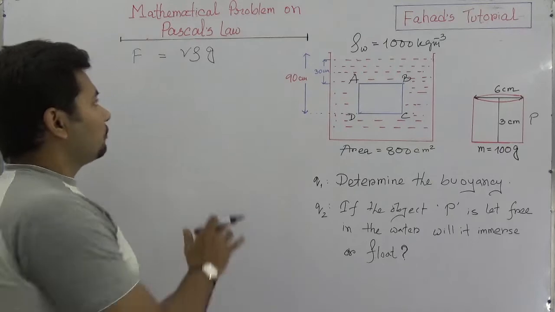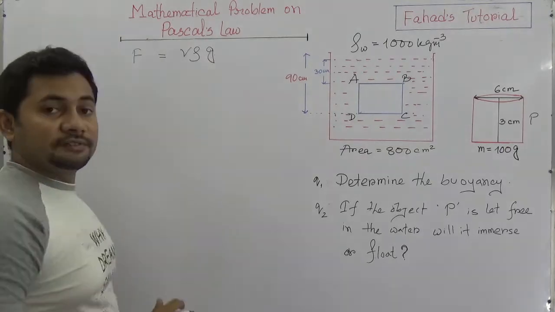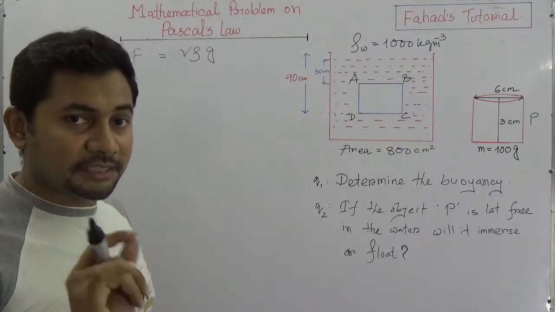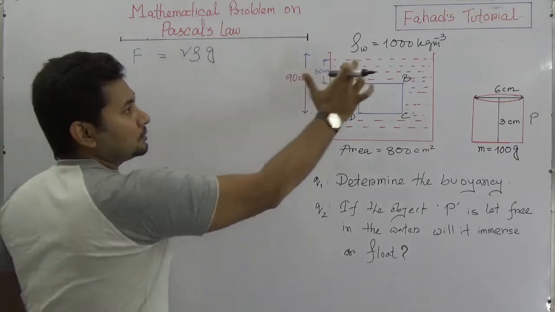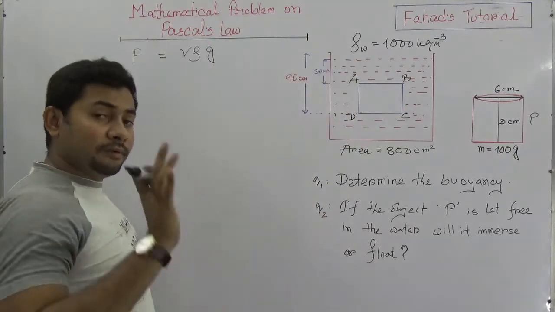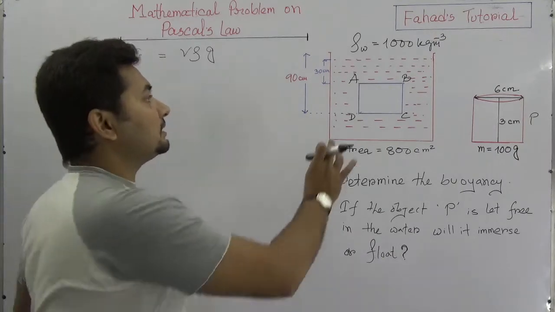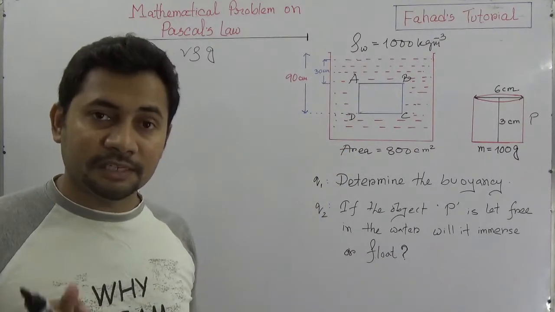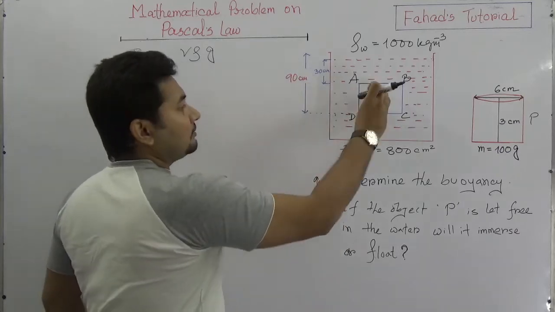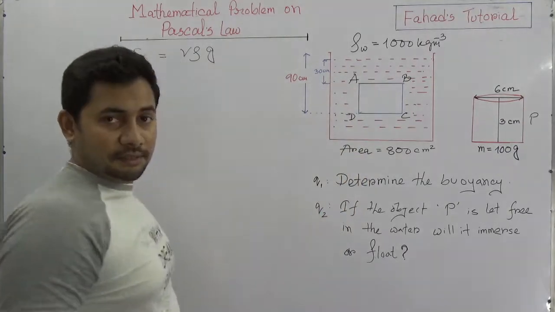We know the value of g is 9.8 meter per second square, and rho is 1000, which is given. Even if it is not given in the question, we know that the density of water is 1000 kilogram per meter cube. Now we need to find out the volume of this object.